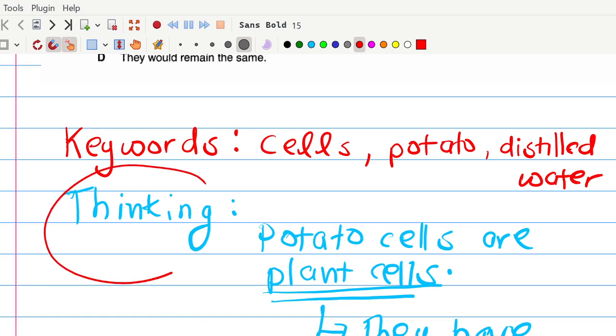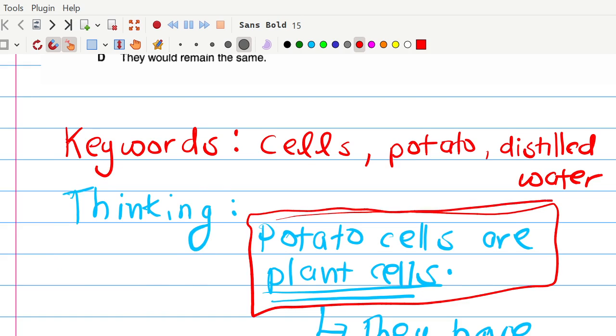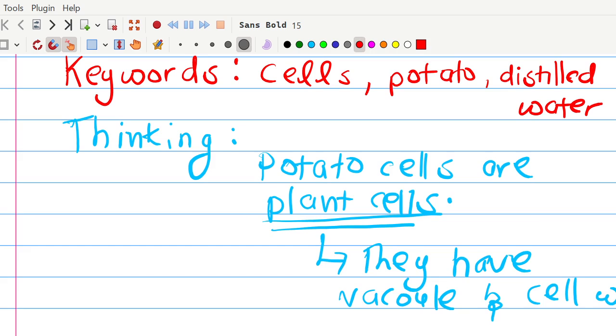So let's think. Potato cells are plant cells. And what do we know about plant cells? They have a vacuole and they have a cell wall. These cell parts identify a plant cell and differentiate it from an animal cell.